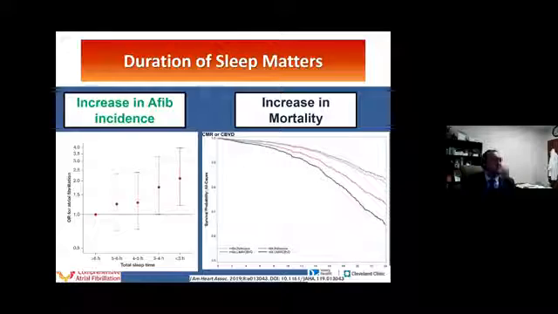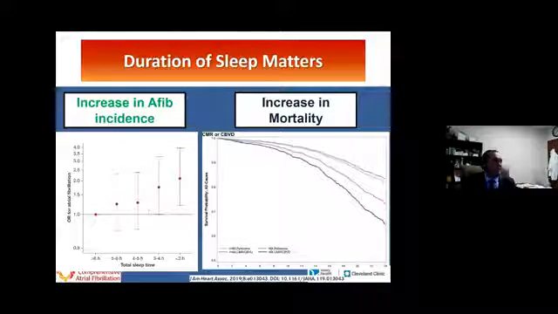If you look at the duration of sleep and its relationship with the increase in atrial fibrillation, you can see that sleeping more than 6 hours a night is about the right amount. And as I said, around 7 is even better. However, if you start sleeping less than 6 hours, the incidence of atrial fibrillation increases dramatically.